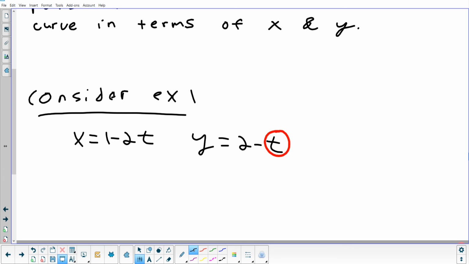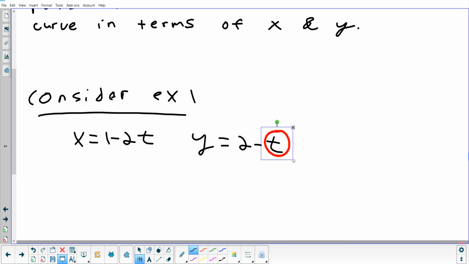So does anybody know what we could do with the x equation that would give us something to fill in for t in the y equation? Something that I could do with the x equation, and then I could replace this t in the y equation.